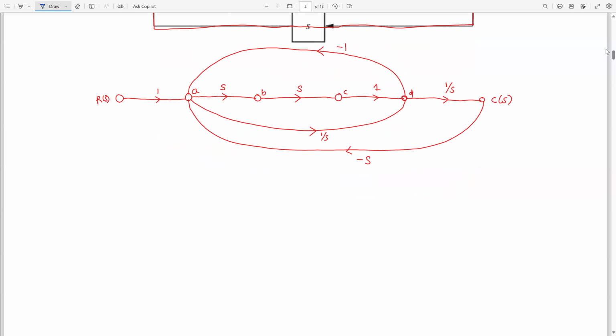So how we do it is that we can multiply the transfer function here by the transfer function here by the transfer function here, right?